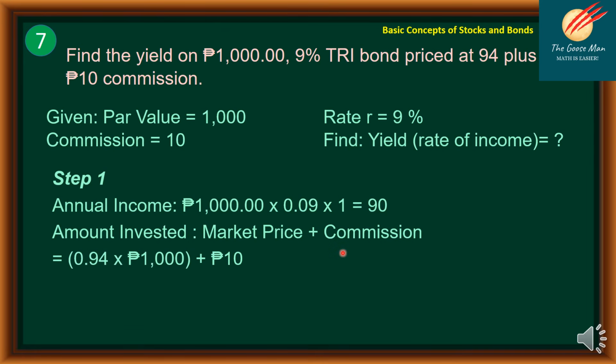So we have the market price of 0.94, because that is 94 out of 100. So we have 0.94 times 1,000 plus 10 pesos. So we have 940 plus 10, which is equal to 950 pesos. So this is the amount invested.